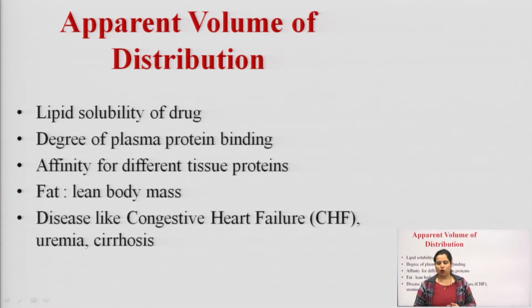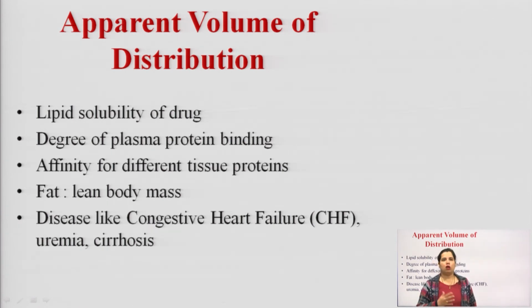So, apparent volume of distribution, lipid solubility of drug, these are factors affecting the distribution of drug, like lipid solubility. If the drug is more lipid soluble, then it is easy to be absorbed and easy to bind to body receptors. Degree of plasma protein binding, how much binding affinity the drug has.